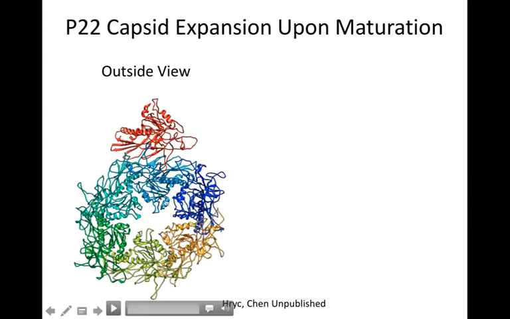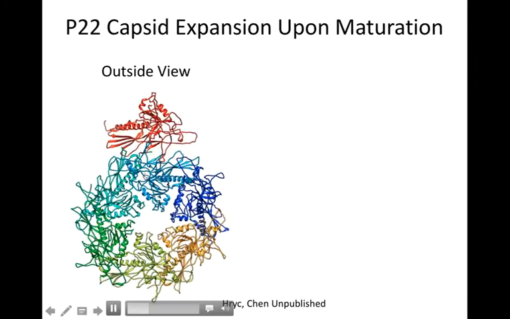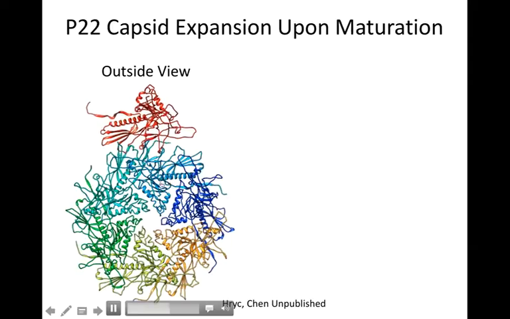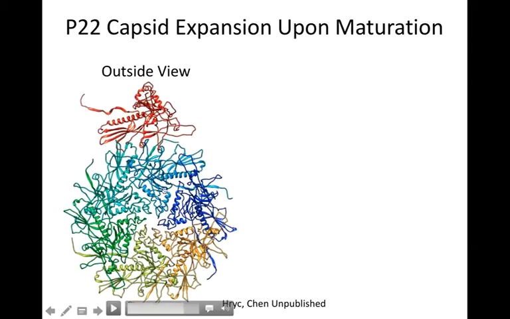Obviously, in these structures there's a big opening, and they also seem to have loose contact between adjacent subunits. Now, if I morph these structures from the procapsid to the mature virion, you see there are quite a bit of conformational differences. And in the mature virion, this big hole seems to close up.